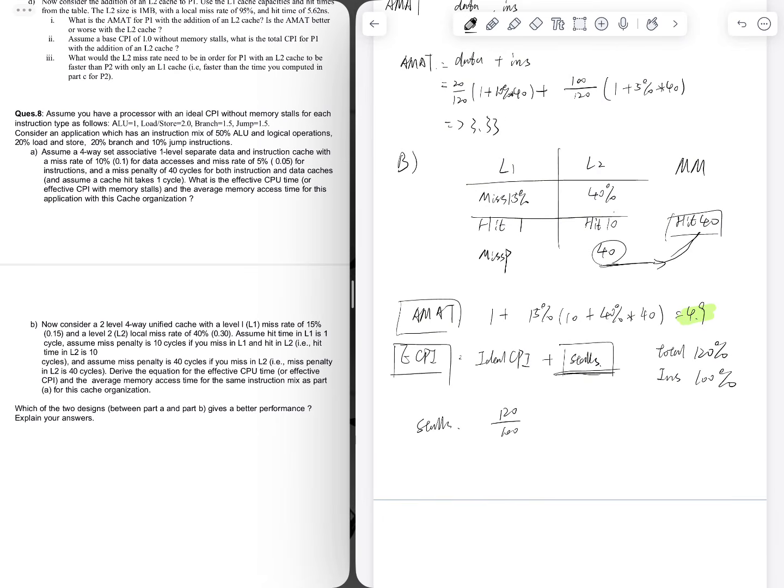Then we will go to calculate the stalls. Stalls is the same thing, just this part, right? For this part you just need 4.9 minus 1. So it's 1.2 multiplied by 3.9. Let me use my calculator. Okay, it's 4.68.